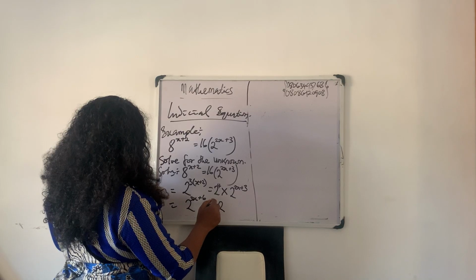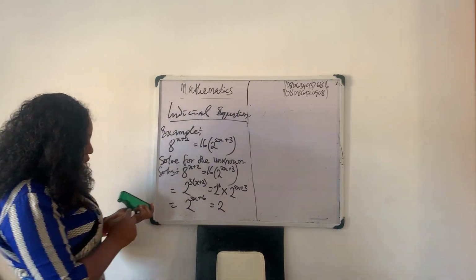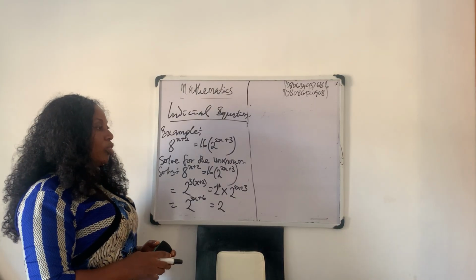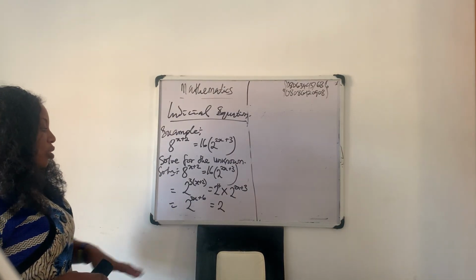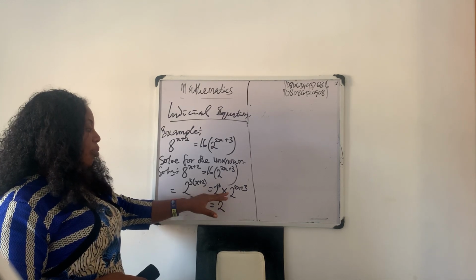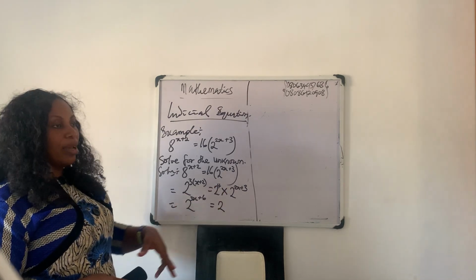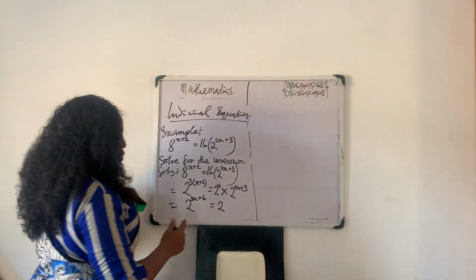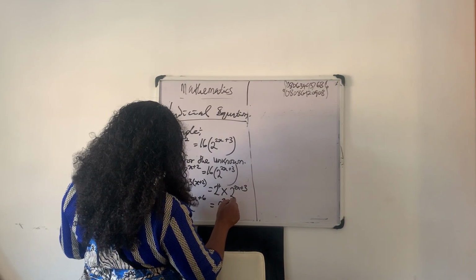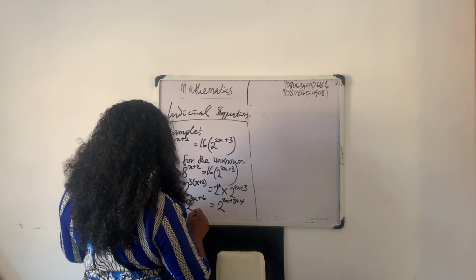Recall that in law 1 of laws of indices, which is the product or multiplication law, we're told that when two numbers with equal bases are multiplied, their powers are added. What do we do here? It becomes 2 raised to the power 2x plus 3 plus 4.